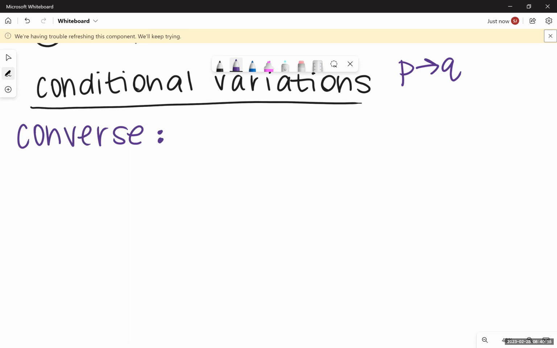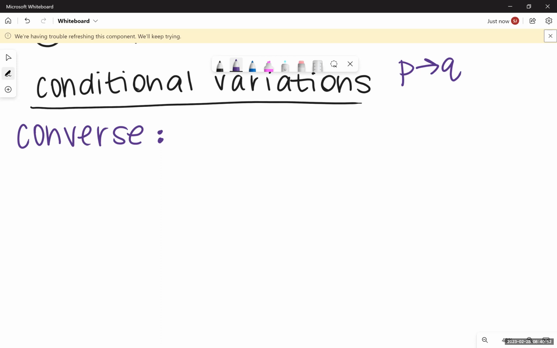I'm sure 9 out of 10 people just thought of shoes. If I wear the same shoes you wear, it's not uncommon for you and me to switch shoes, right? So when I think of converse, I think of switching.